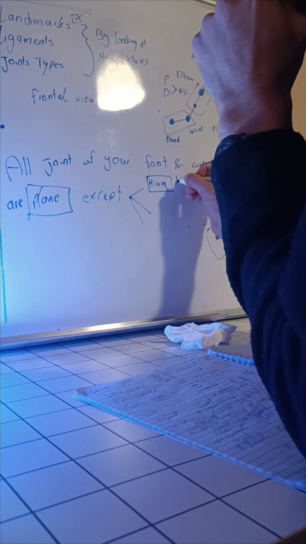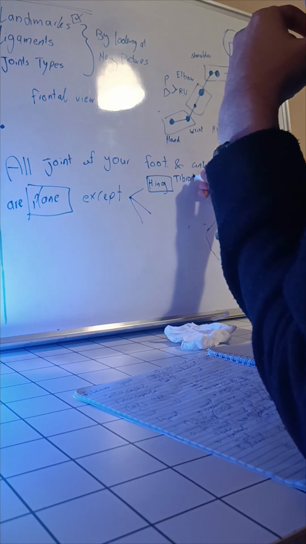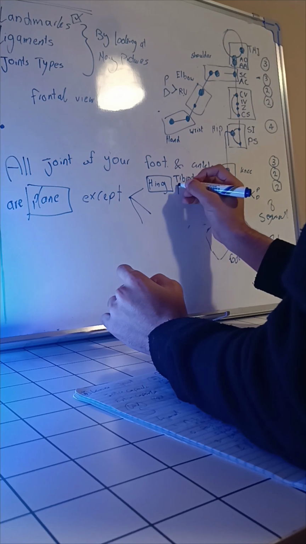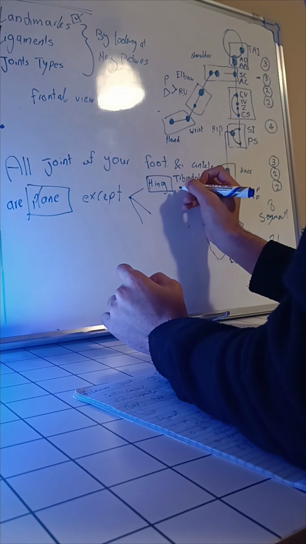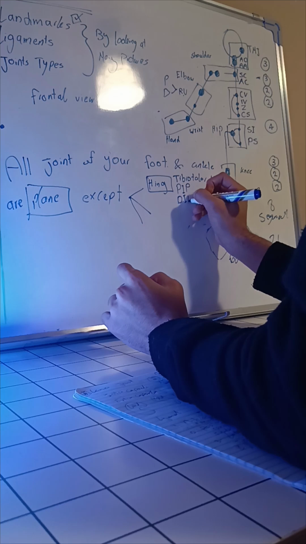There are three hinge joints. The tibiotalar, which is the main one, and the interphalangeals, the proximal interphalangeals and the distal interphalangeals.